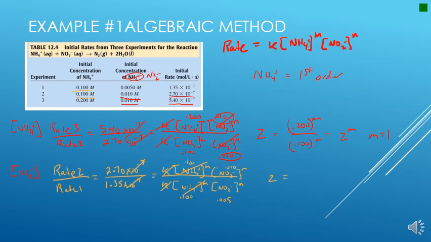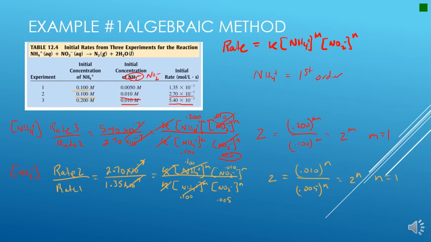And then I have 0.010 raised to the N divided by 0.005 raised to the N, so that once more also equals 2 for my change in the concentration raised to the N power, equaling 2. So I know in this case my N would equal 1.